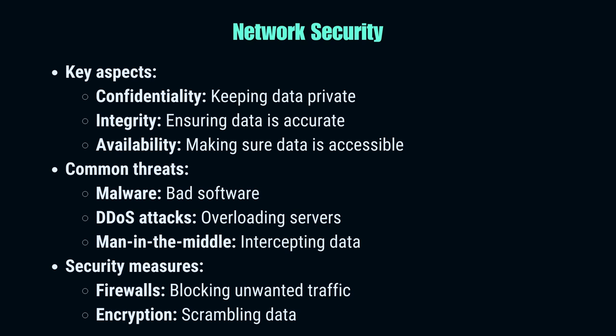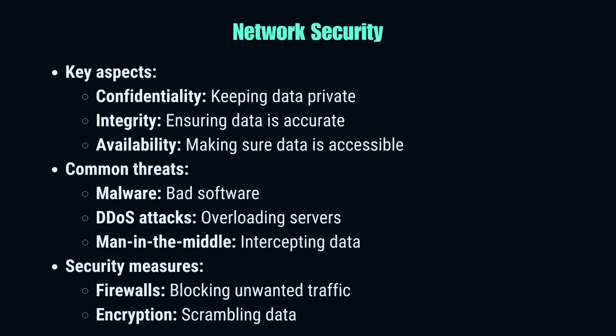As we've explored networking, it's crucial to discuss how we keep these networks safe. Network security protects the integrity, confidentiality, and accessibility of computer networks and data. Key security measures include firewalls, which monitor and control network traffic; encryption, which scrambles data for secure transmission; and virtual private networks.